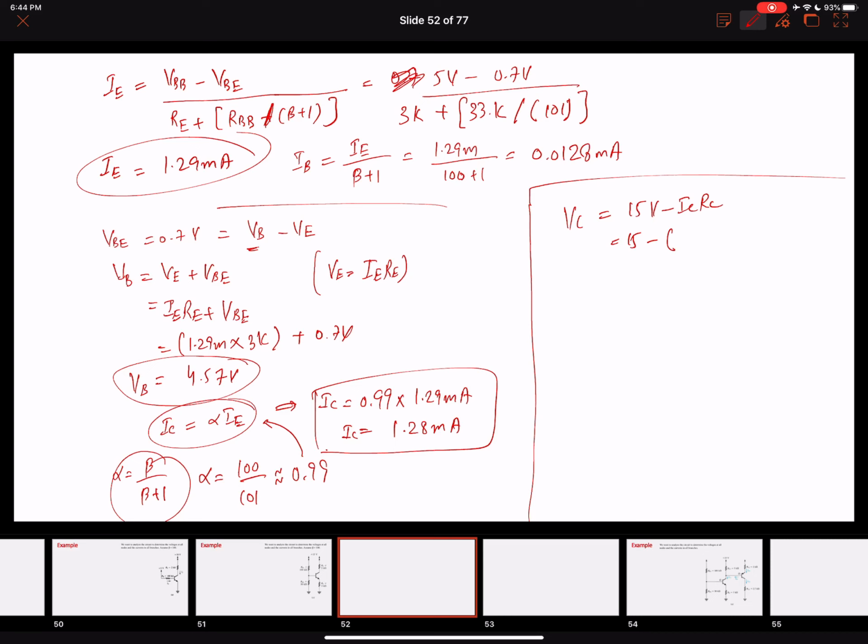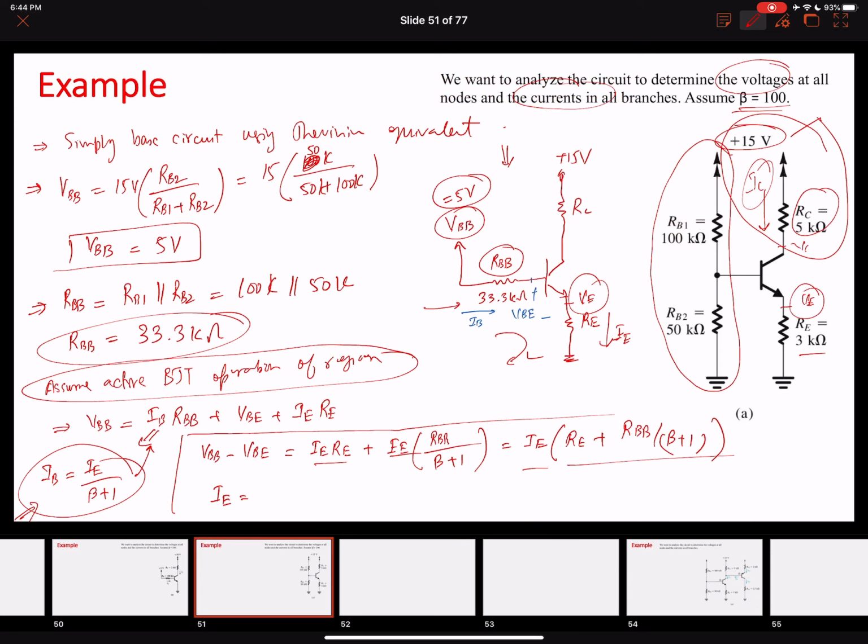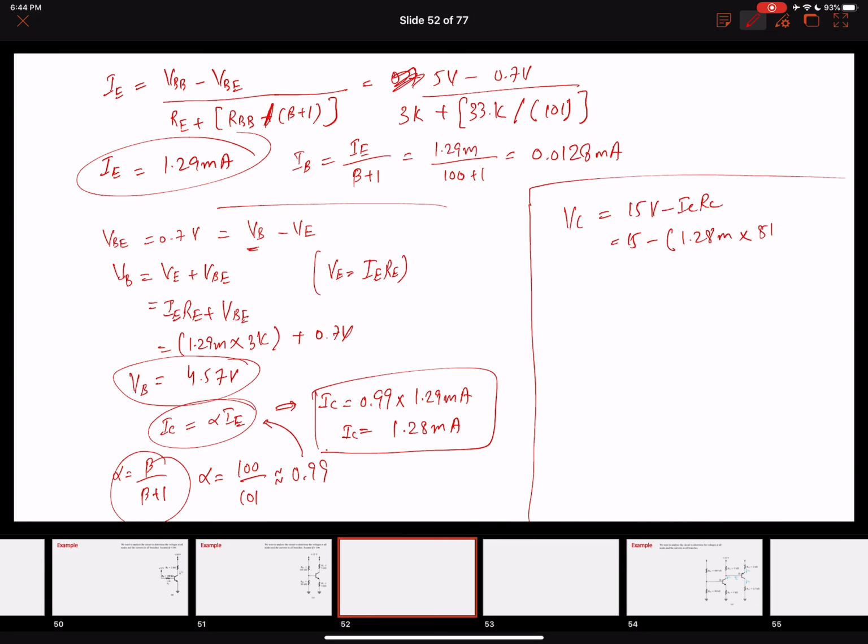IC is 1.28 milliamperes and RC is 5K. If you solve this equation, the value will come out to be 8.6 volts. So this is the value of the collector voltage.